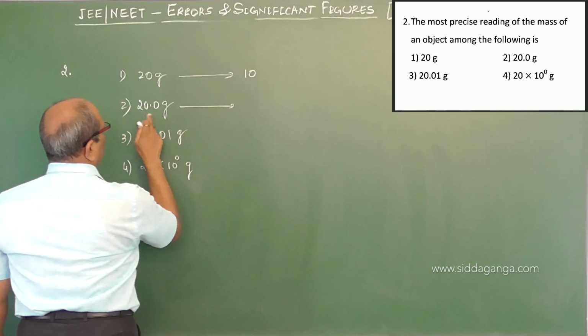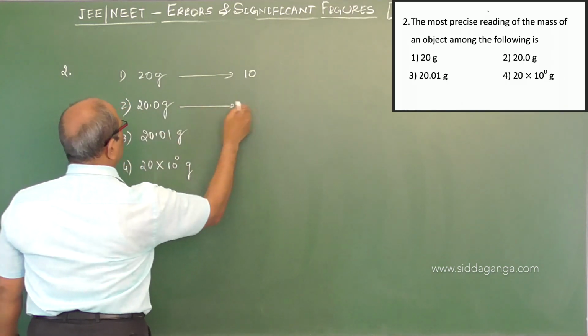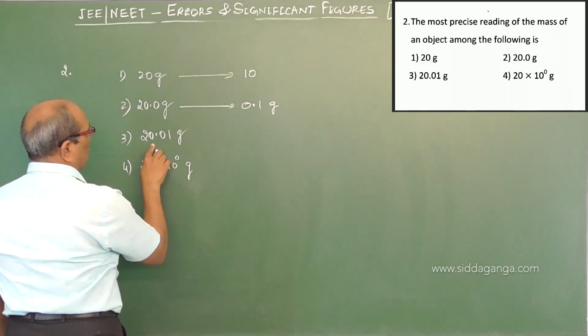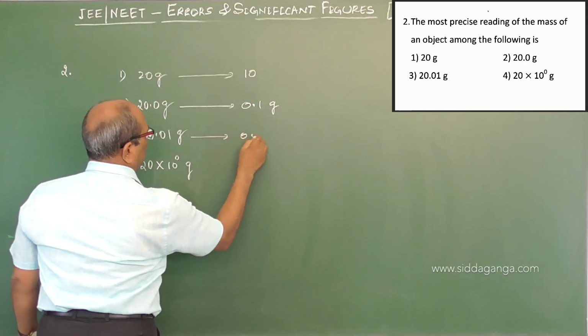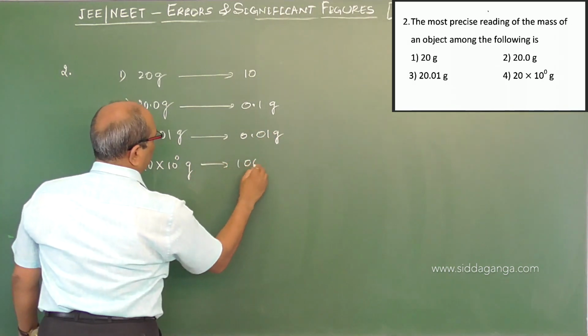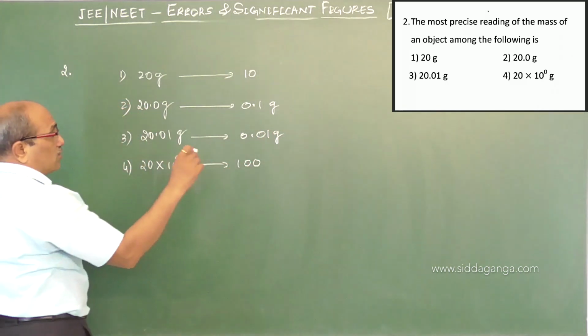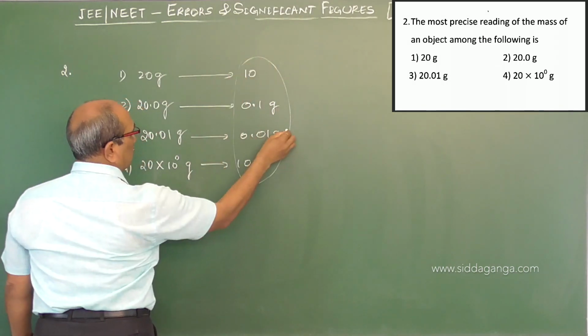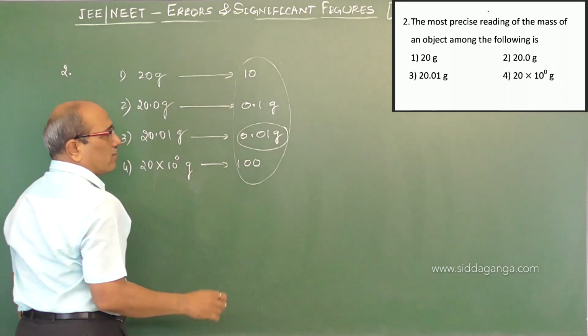Whereas the least count in one is one digit, 0.1 gram. When you come to here, it is 0.01 gram. Which one is minimum? Out of this, which one has the minimum value? That is 0.01.